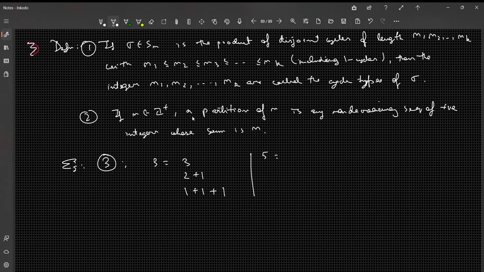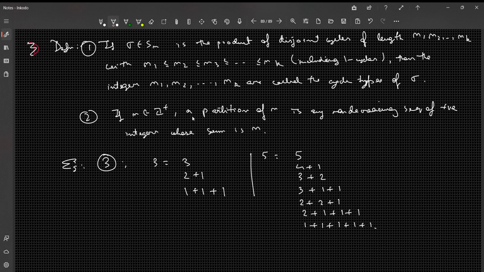For the number 5, it can be written as 5, 4 plus 1, 3 plus 2, 3 plus 1 plus 1, 2 plus 2 plus 1, 2 plus 1 plus 1 plus 1, and 1 plus 1 plus 1 plus 1 plus 1. So these are the possible partitions, right?